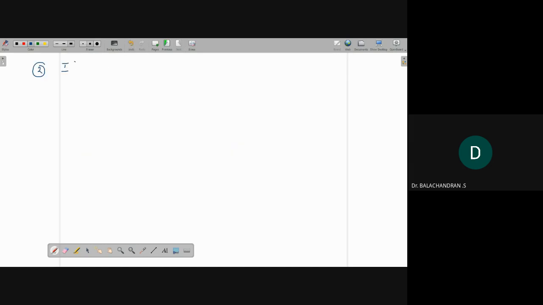If e power z equal to sine of u plus iv, and z equal to x plus iy, prove that 2 into e power 2x equal to cosh 2v minus cos 2u.